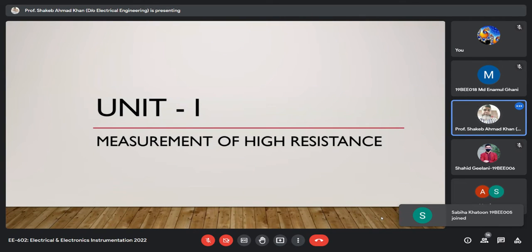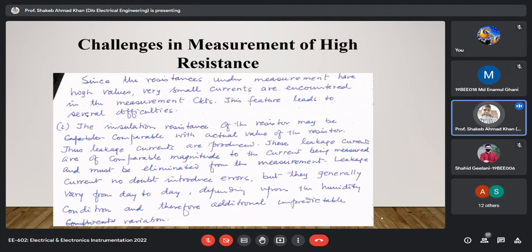We started discussing the measurement of high resistance, and briefly we discussed the issues.